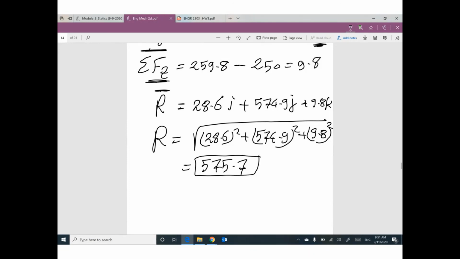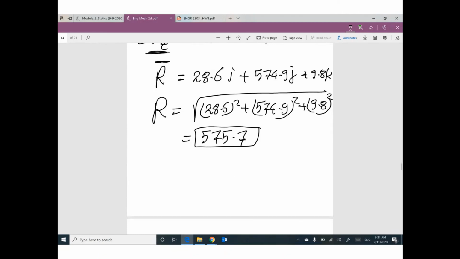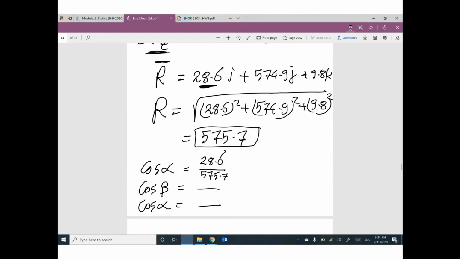The resultant force value is 575.7. If you are looking for cosine alpha, cosine beta, cosine gamma for this resultant force, the X component divided by this force gives cosine alpha. The Y component divided by this force gives cosine beta.